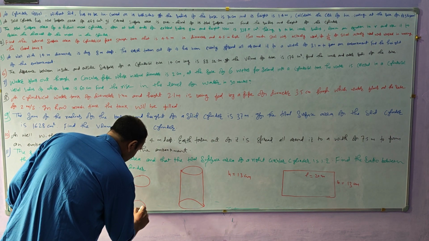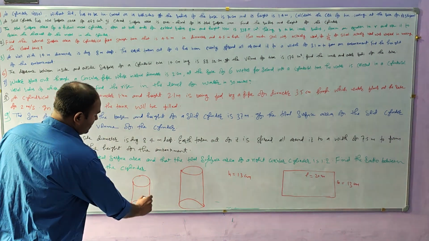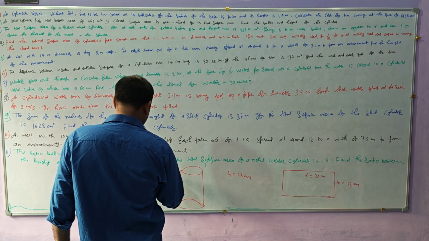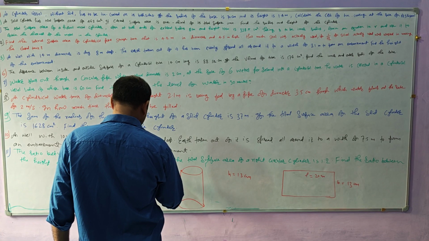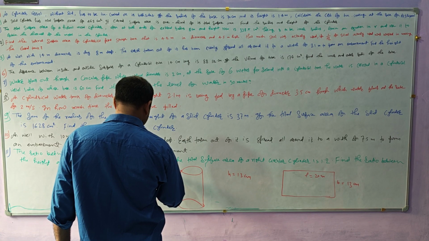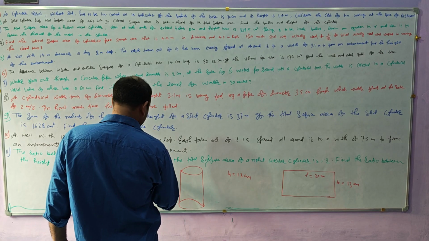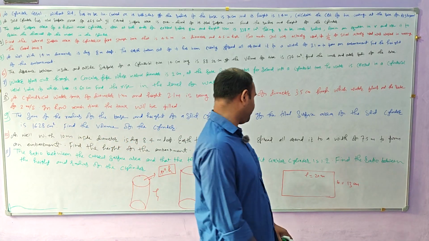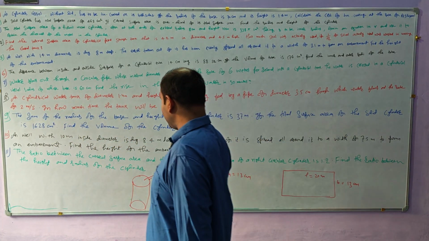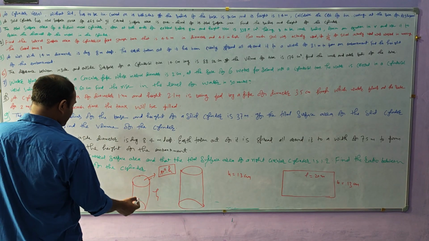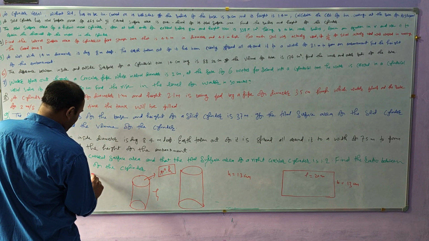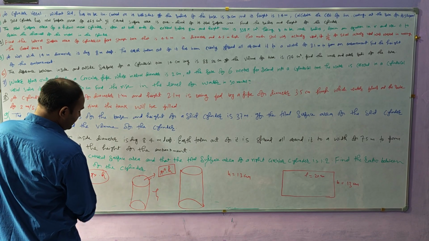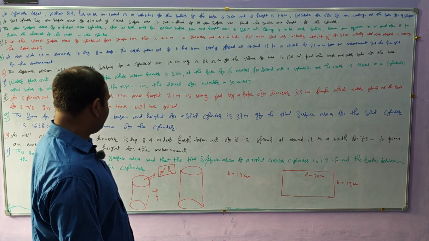One circular sheet has area pi r square, and multiplied by the height, that becomes the volume of the cylinder. When we talk about curved surface area, it is 2 pi r, the circumference of a circle, into height. That becomes the curved surface area.